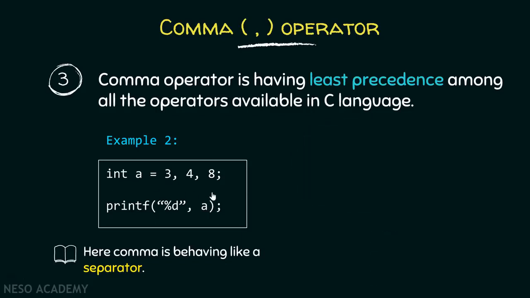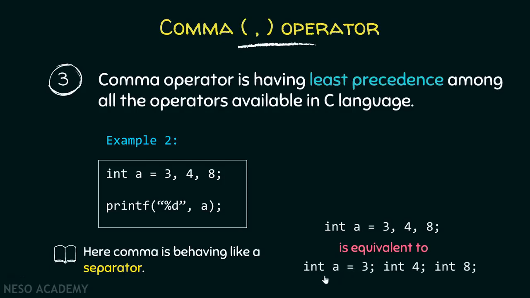Now let's consider this particular statement separately in order to understand this in a better way. This is equivalent to int a equals to 3, int 4, int 8. Isn't that so? As we are already familiar with this point that we cannot start a variable name with a digit like 4 or 8.